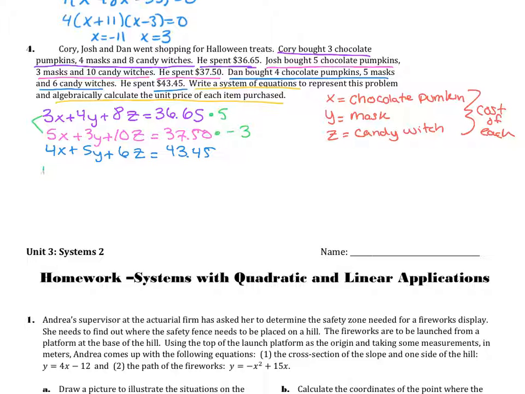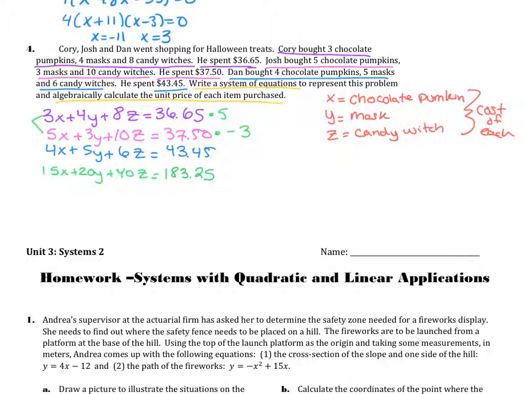So that'll give me 15x plus 20y plus 40z equals, not 150, it's going to equal 183.25.